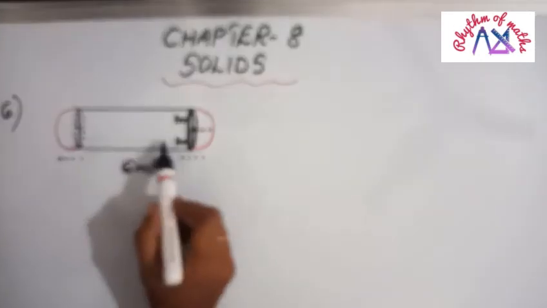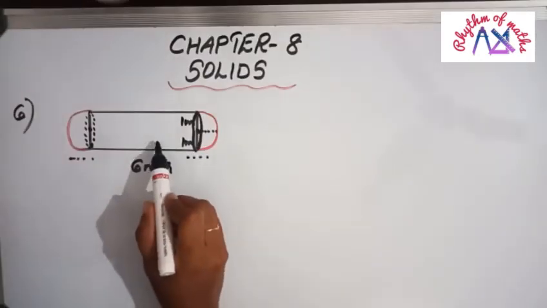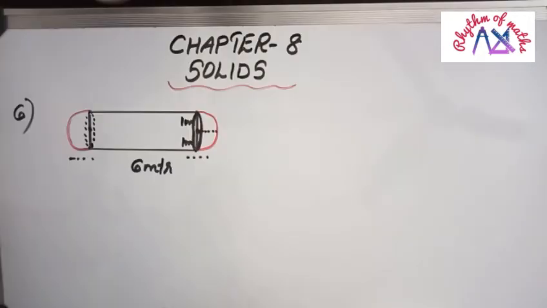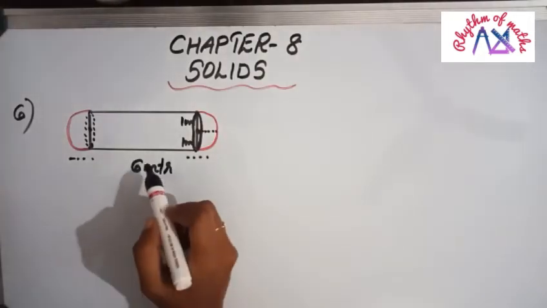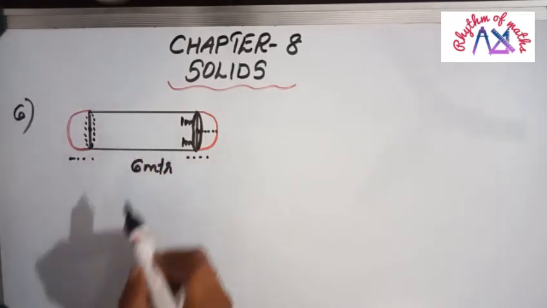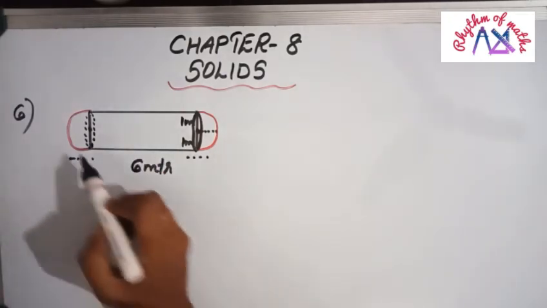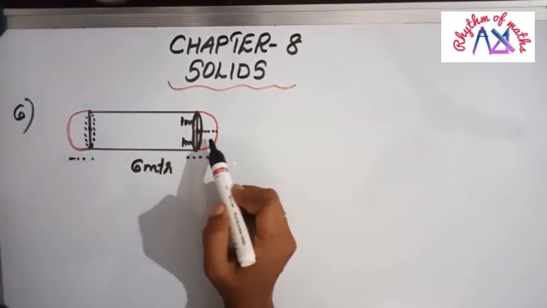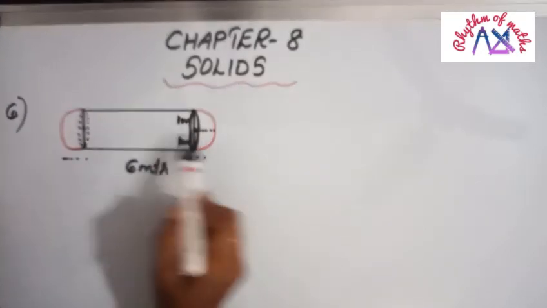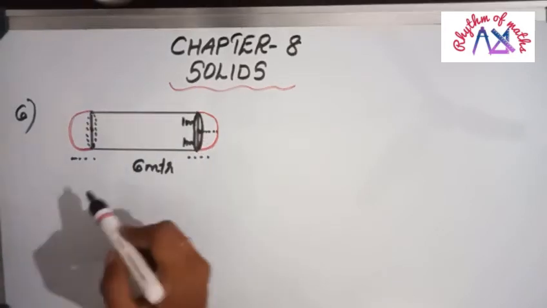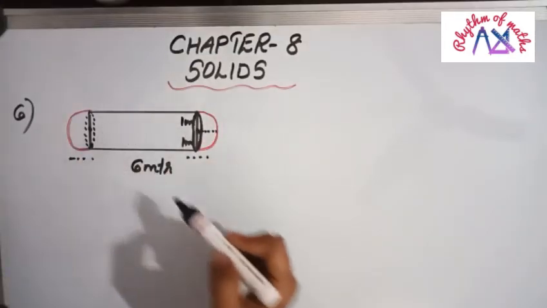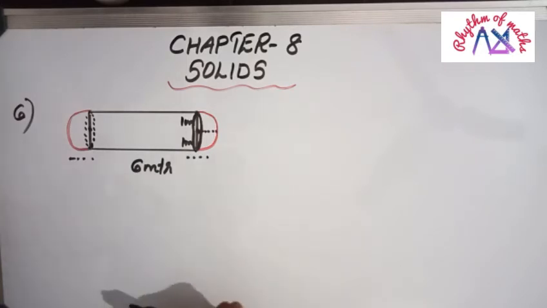So in the center portion is a cylinder and two hemispheres are attached to both ends of the cylinder. In order to get the volume of this petrol tank, we have to find volume of hemisphere plus volume of cylinder plus volume of hemisphere again. Two hemispheres joined together, what will we get? One sphere we will get.